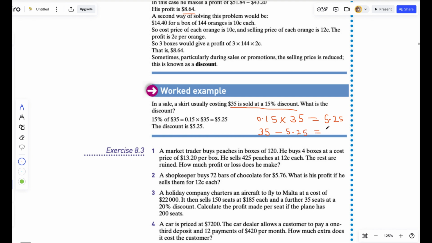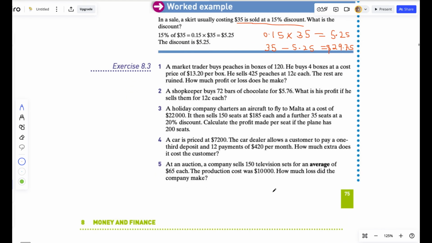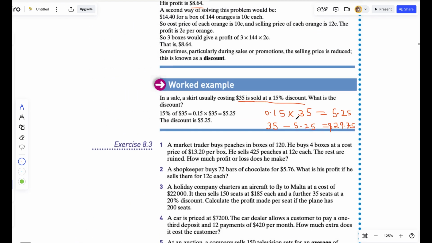Okay, so because they give you the discount, you're going to pay 29.75. This is how much you're going to pay for the shirt instead of paying $35. Okay, so during sales time is a good time to buy. You can buy the clothes you need for a whole year, every sales period like December period.